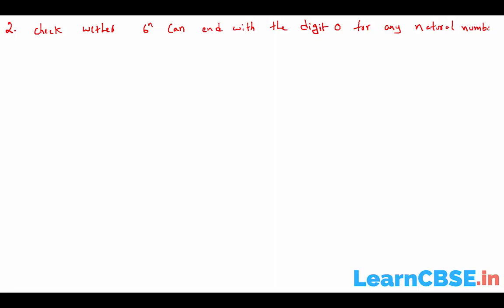Going for the next question. Check whether 6 power n can end with the digit 0 for any natural number n.